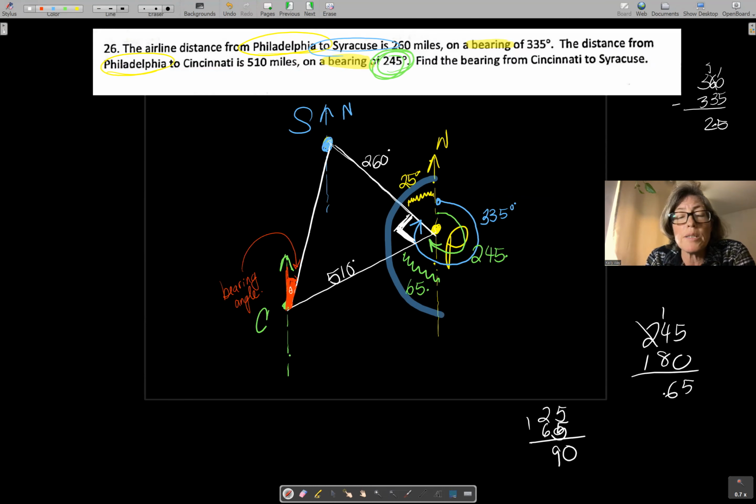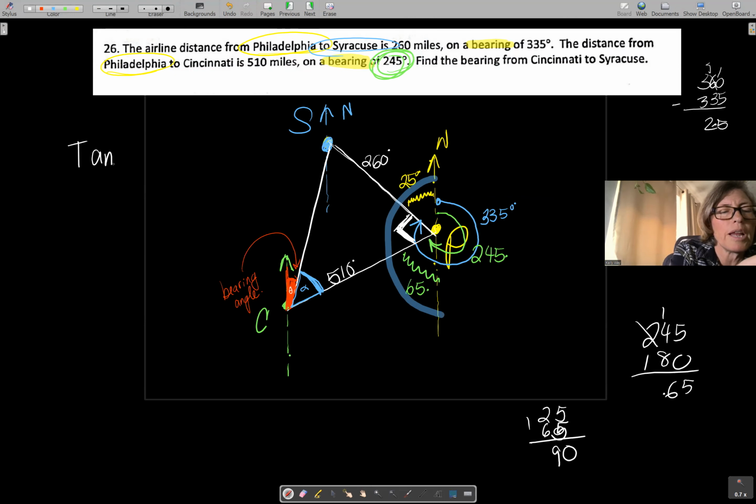And we need to define something that can help us with theta. Notice we could easily find this angle right here. Because I already labeled that theta, I'm going to call that alpha. So we are going to find that alpha angle.